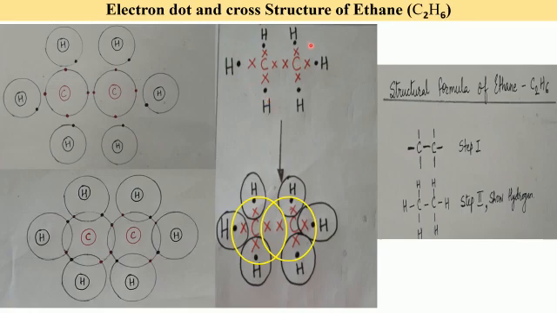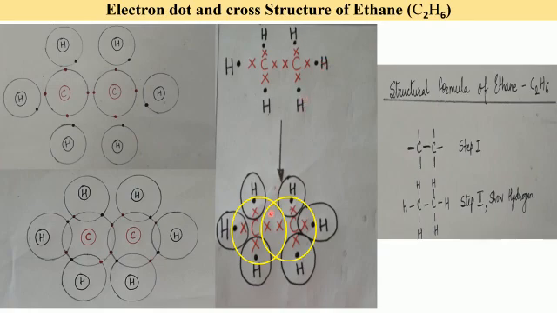This carbon also surrounded here with 3 hydrogen. Each is with 1 electron each. So this carbon will share 1 electron with this hydrogen, 1 electron with this hydrogen, and 1 electron with this hydrogen. Similarly, this carbon also will share its 3 electrons with 3 hydrogen atoms.